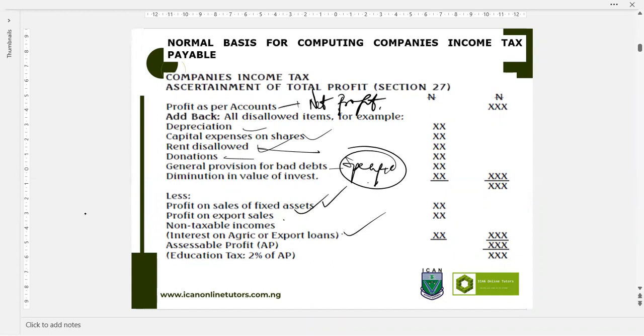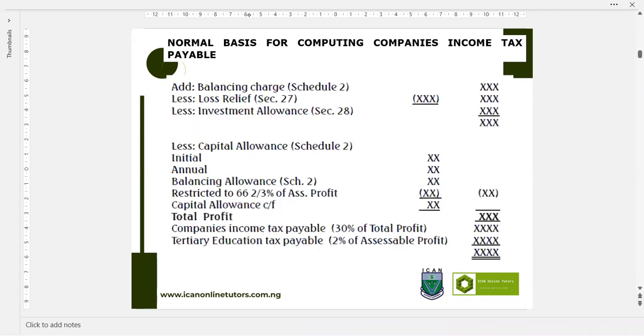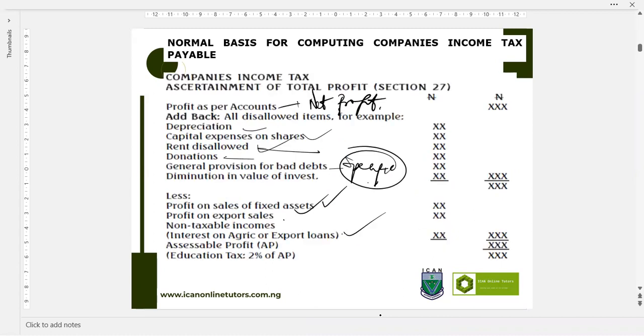Then also you add back taxable income omitted. So to arrive at what? To arrive at the assessable profit. To arrive at what? To arrive at either adjusted profit or assessable profit.